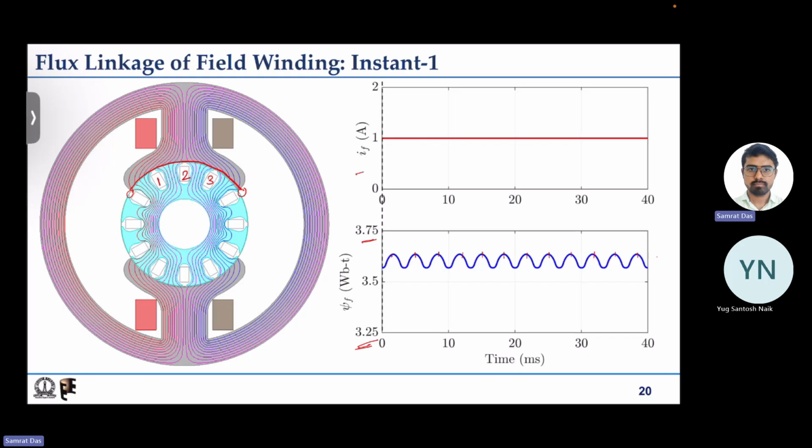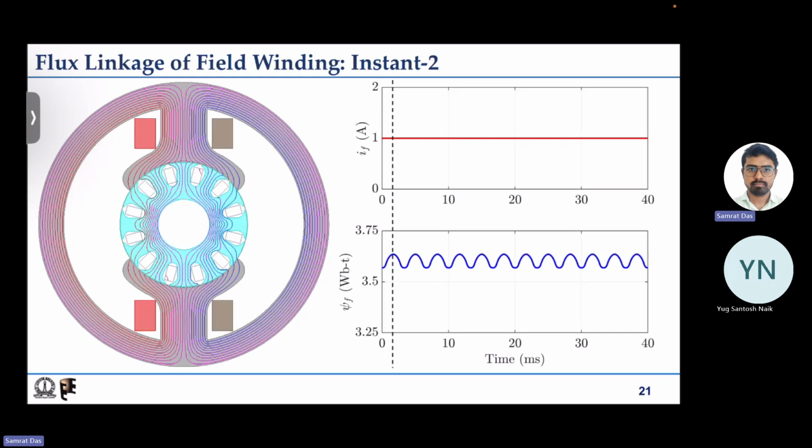But if the rotor rotates by some small angle, then you will be able to see another condition where you have 1, 2, 3 and 4 slots which are under the stator pole. So you can clearly see that it is different from the earlier case.